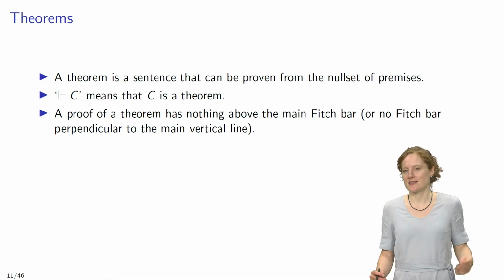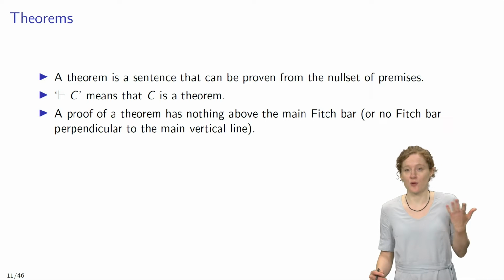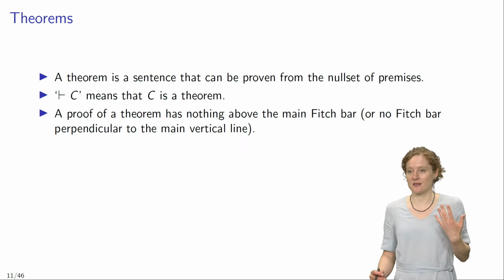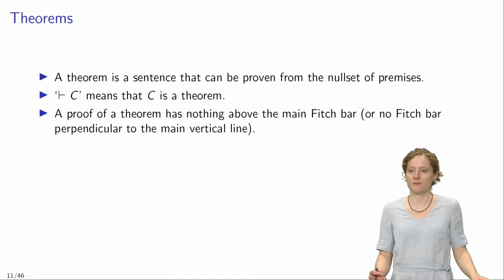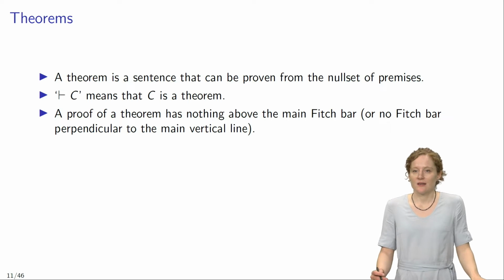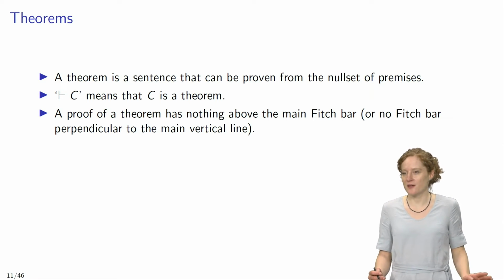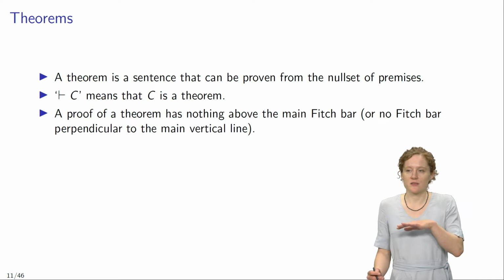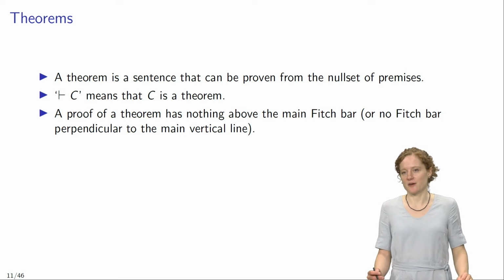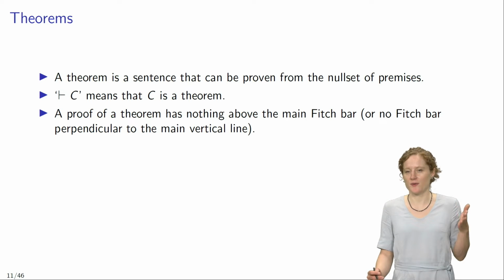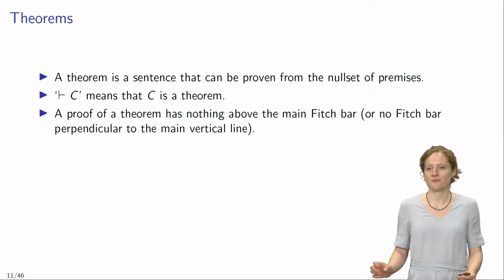And so what I'm saying is that C can be proven from no premises whatsoever, and that's just what it means to be a theorem. Now, a proof of a theorem has nothing above the main Fitch bar, or very often people who prove a theorem also simply omit the main Fitch bar, meaning there's no Fitch bar perpendicular to the main vertical line.